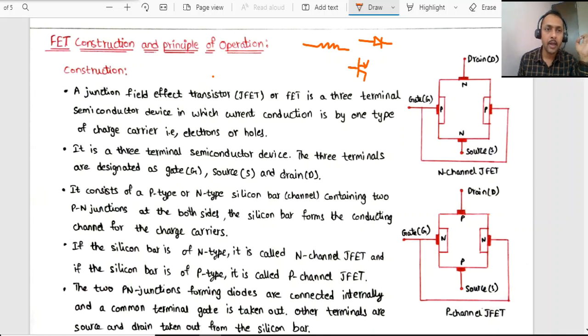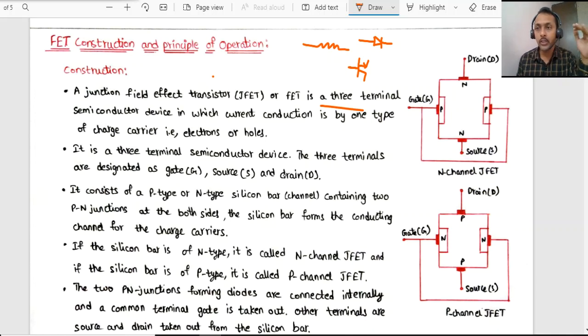Here also the FET or JFET, junction field effect transistor, is basically a three-terminal semiconductor device, in which the current conduction is by one type of charge carriers.